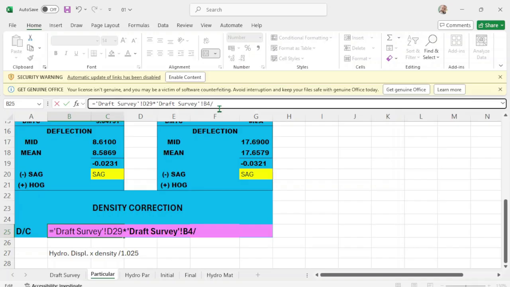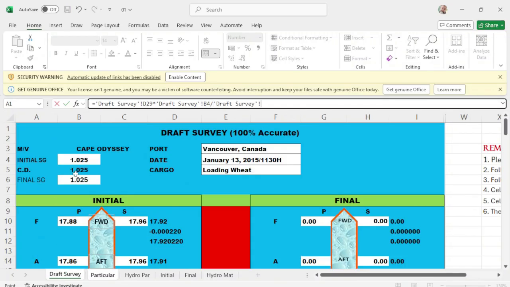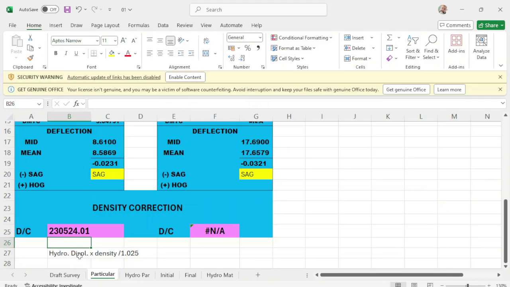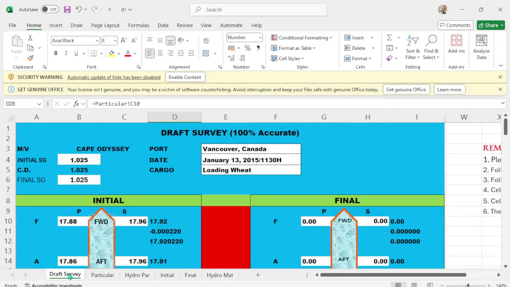Equation over, again, hydrostatic displacement, which is this one, times density, which is this one, over 1.025, which is this one. Take this one and press enter. Your density is 2305401, and once you have this one, okay, so that is your density correction.